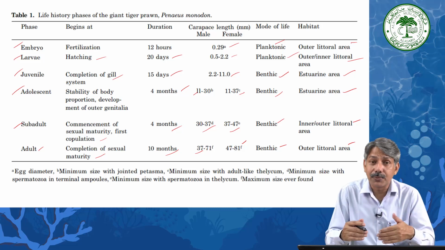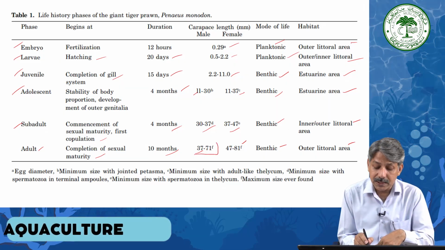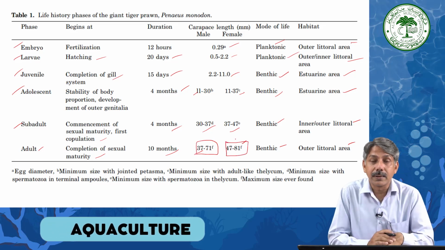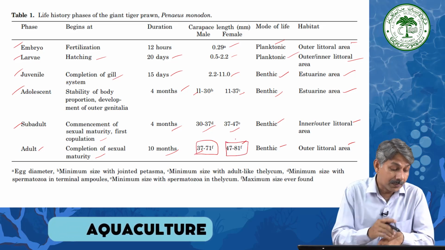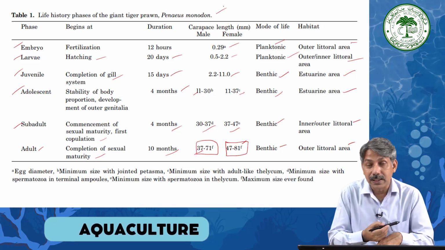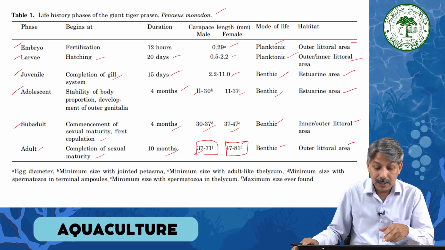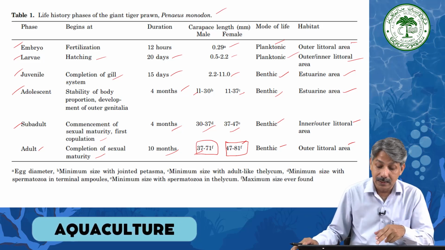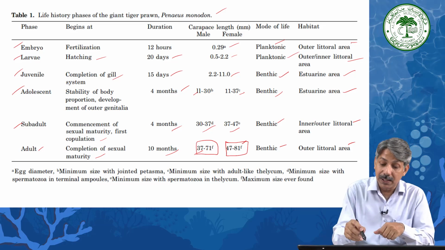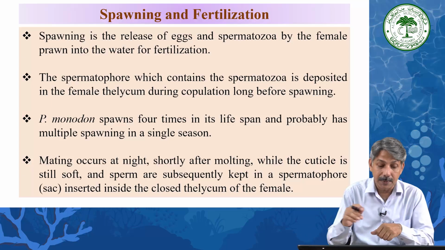So accordingly, if you need to make corrections, I suggest you please use this figure while describing the carapace length of different stages from this table, rather than giving minimum and then sometimes maximum, which may be confusing. Please take the data from this table while describing the carapace length of male and female.